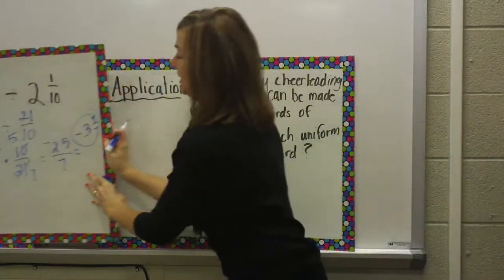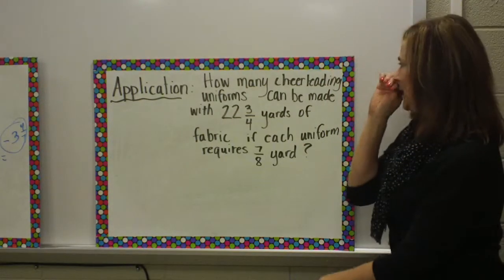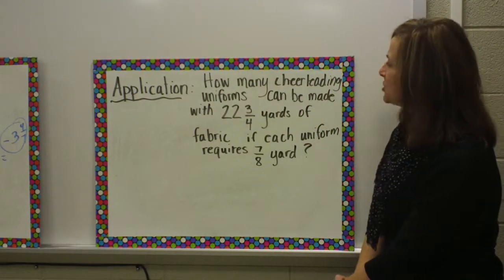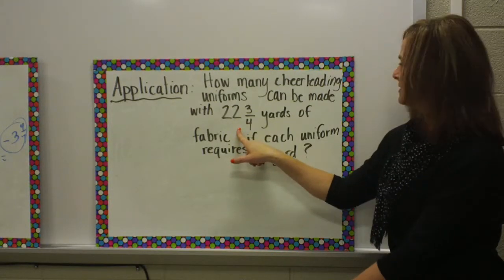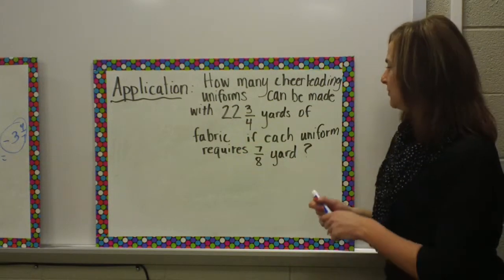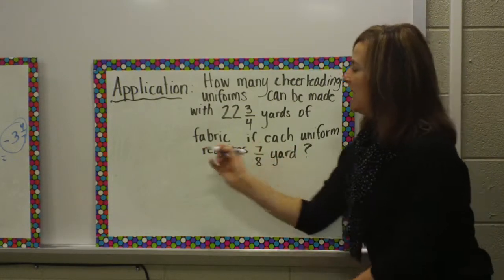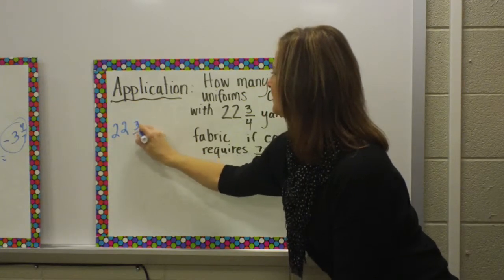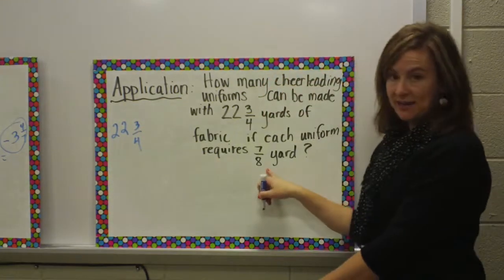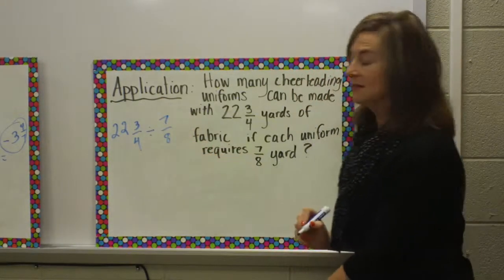Last, I have an application problem for you. In this problem, we have a question: how many cheerleading uniforms can be made if you have 22 3/4 yards of fabric if each uniform requires 7/8 of a yard? So I have this entire amount of fabric, and I want to divide it up into 7/8.